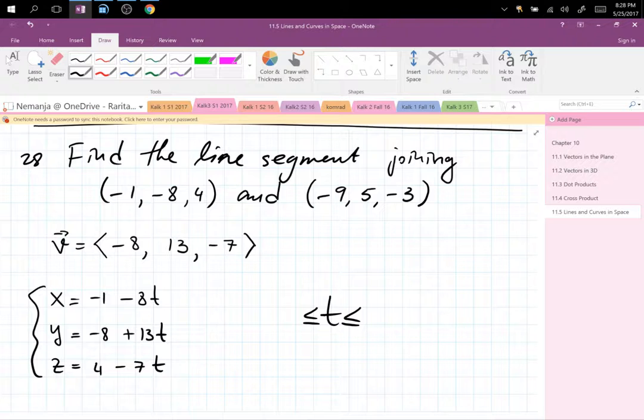Because as you put t equals 0 everywhere, it returns the initial point. So that should be common sense. So t starts at 0, nice. And now we have to get -9. How do I get -9? If t is equal to 1.